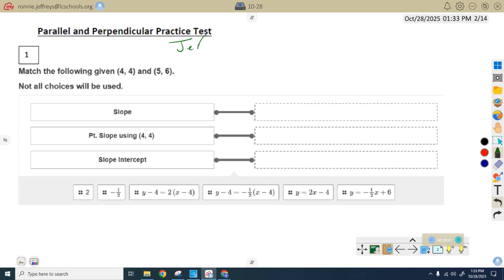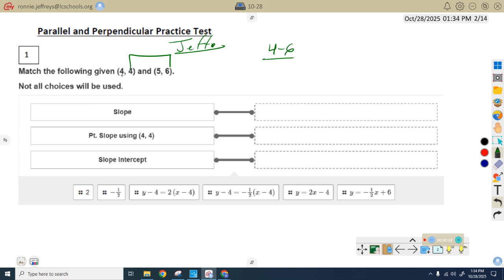We're doing a review of our little practice test that was online. Now, this is also something you need to know: test taking skills. A lot of this is also test taking skills.